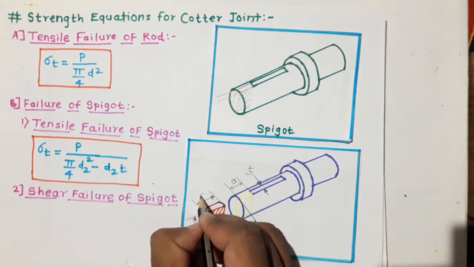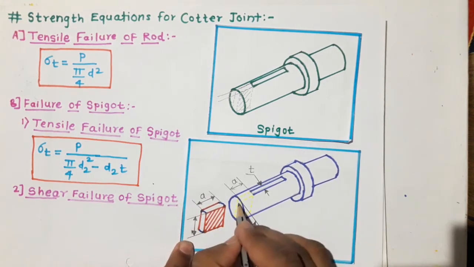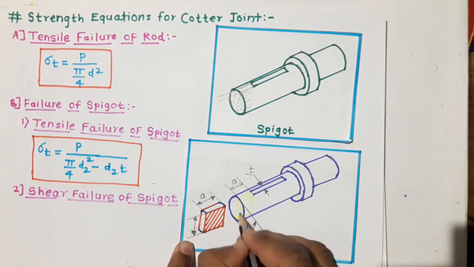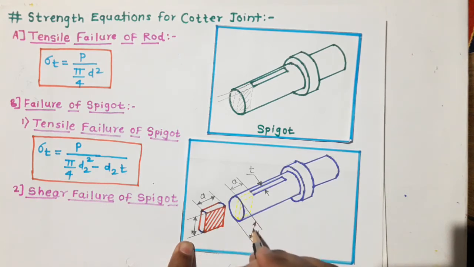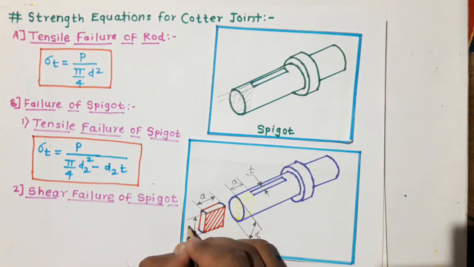So this distance would be a. Now this height is equal to the diameter of spigot. As the diameter of spigot is d2, this height of the material which is getting sheared off from the spigot end is again d2.